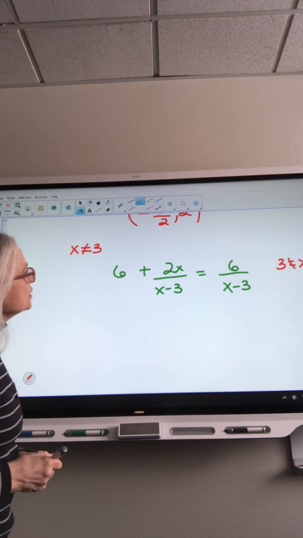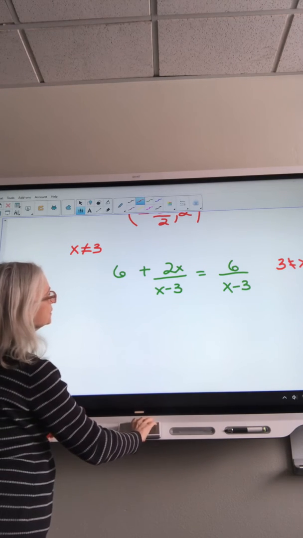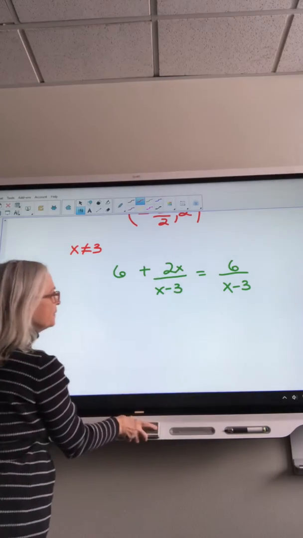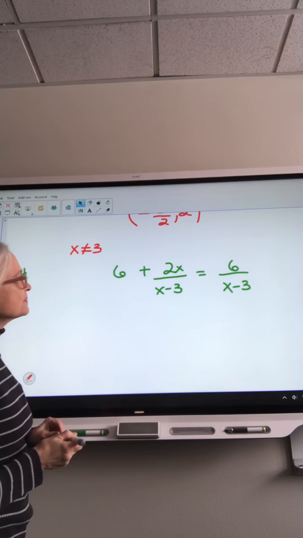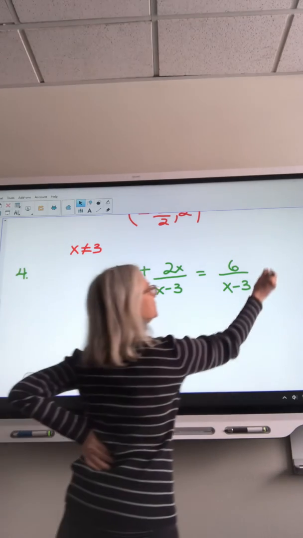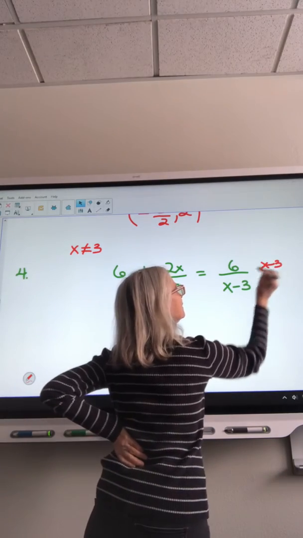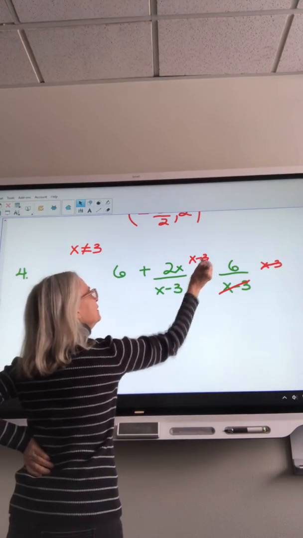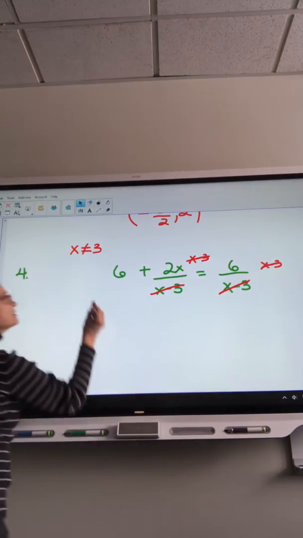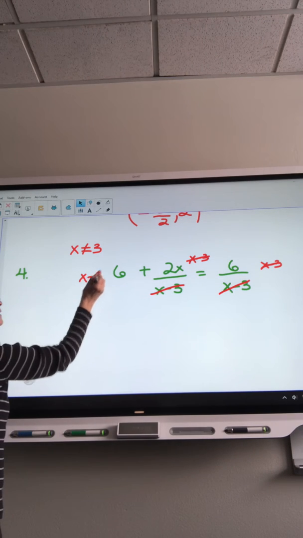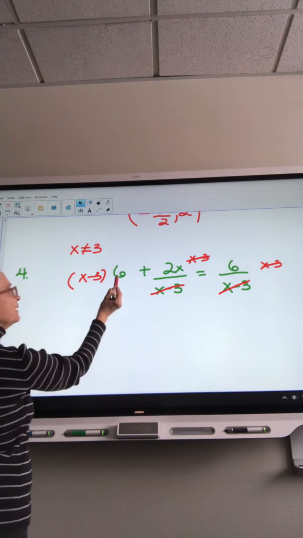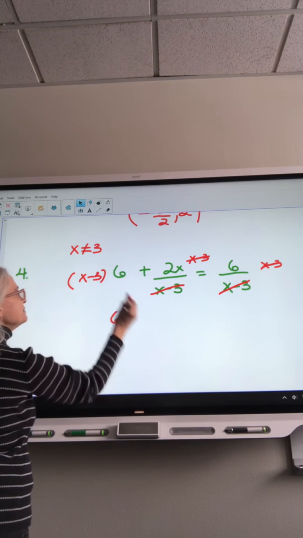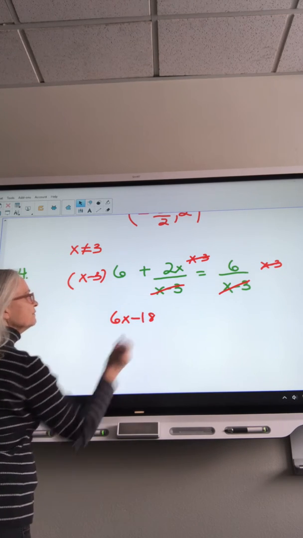Okay, so what we're going to need to do is to multiply each term by the common denominator, x minus 3. And so, of course, when we do it here, that cancels out. When we do the same thing here, the denominator cancels out. And here we would have 6 times x, which is 6x, and 6 times a negative 3, which is a negative 18.